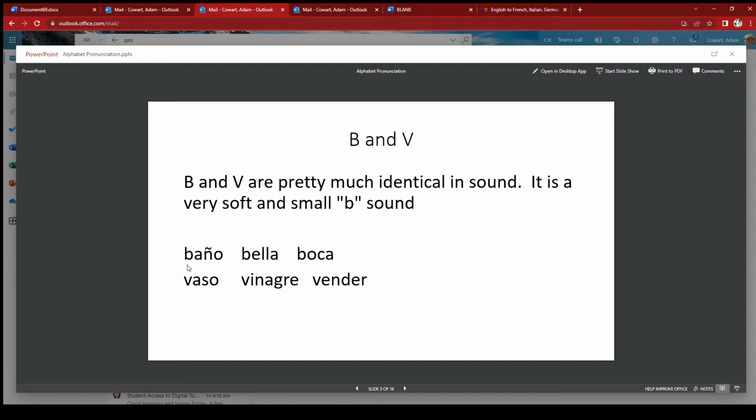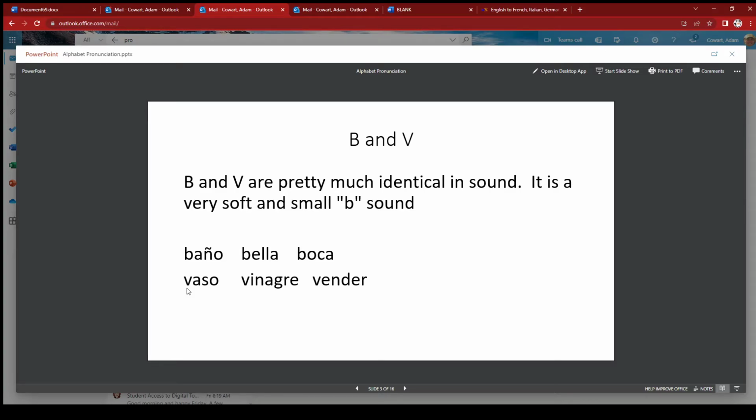So, repeat after me. Baño, bella, boca. So that's a pretty hard B, right? Boca, bella, baño. That's fine. Now, when you say this word, don't say baso. It's not baso. It's not vaso. Say it like a little B, like me.